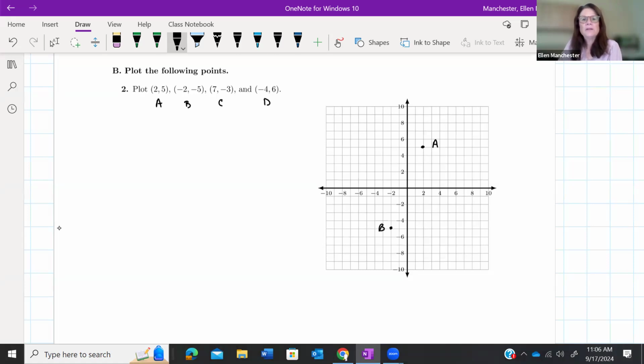C, where's C going to be? In 4, positive and negative. And D, in 2, good. So -4, up 6. Perfect. Everyone good? Not so bad.